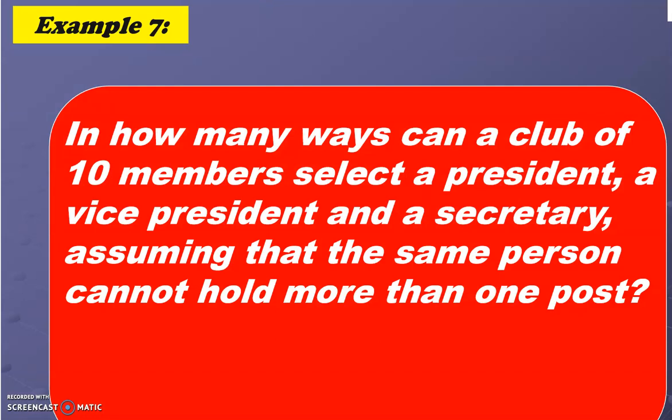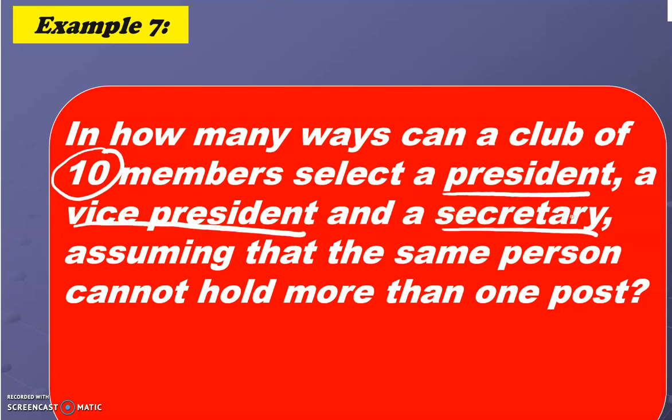In how many ways can a club of 10 members select a president, a vice president and a secretary, assuming that the same person cannot hold more than one post? Okay, maksudnya kalau perasan daripada 10 member, dia nak select president, a vice president and secretary.